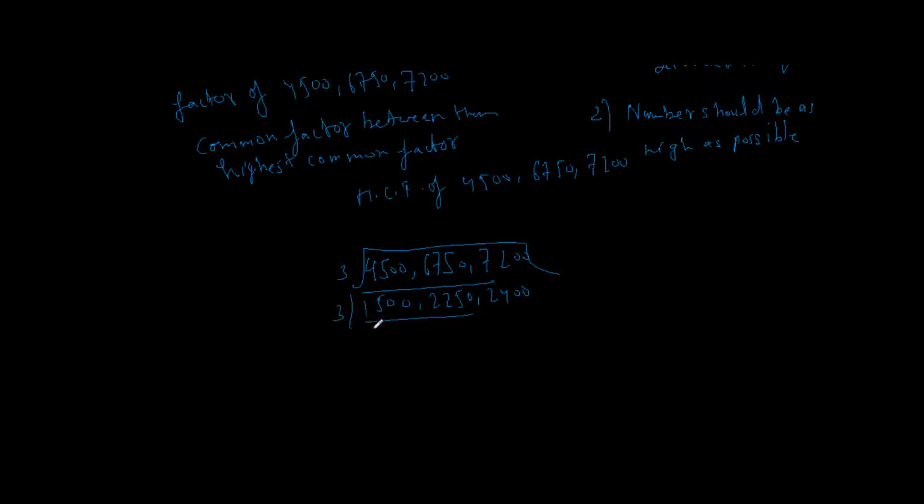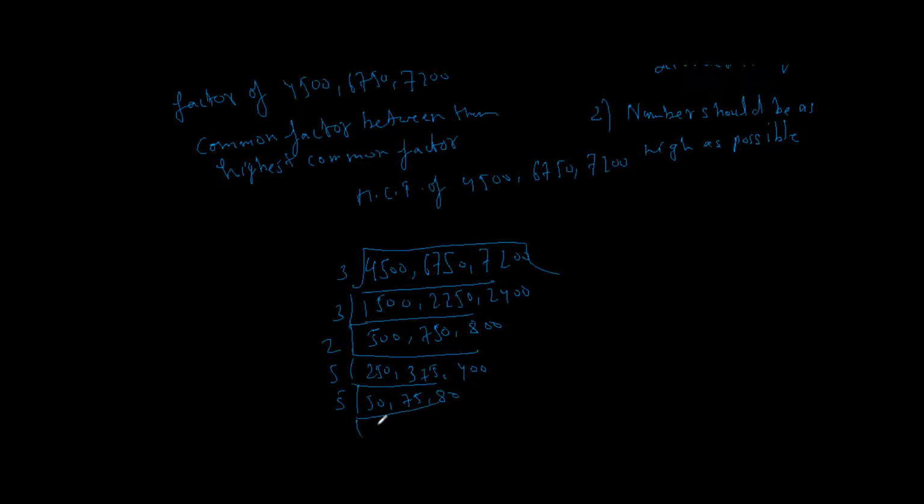Then again it goes by 3: 500, 750 and 800. Now the next factor it is divisible by is 2, so 250, 375 and 400. Next, 5 will give me 50, 75 and 80.